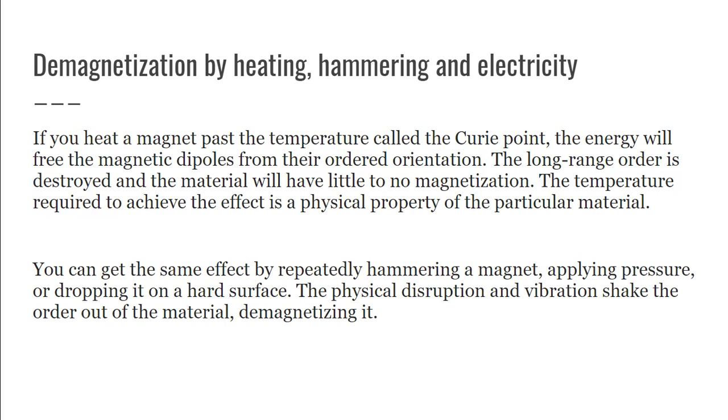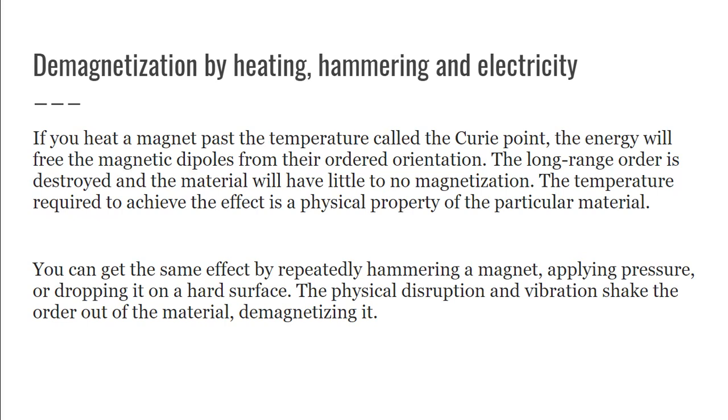the energy present in the magnetic dipoles changes. What do I mean by dipoles? There are two poles in a magnet, and hence I call them dipoles. From their ordered orientation, they will change. When the energy keeps changing, the particles will not be aligned in the proper, correct manner.